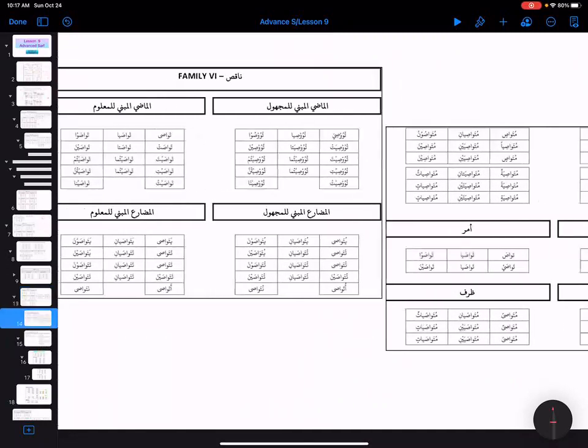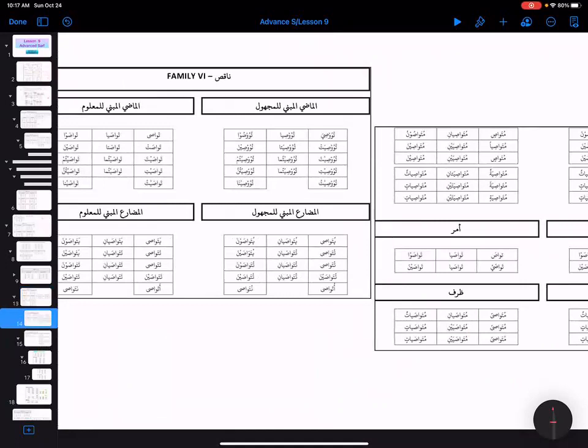Okay, then we have tawasa. So how can we do the sarf saghir of it? Tawasa, yatawasa.